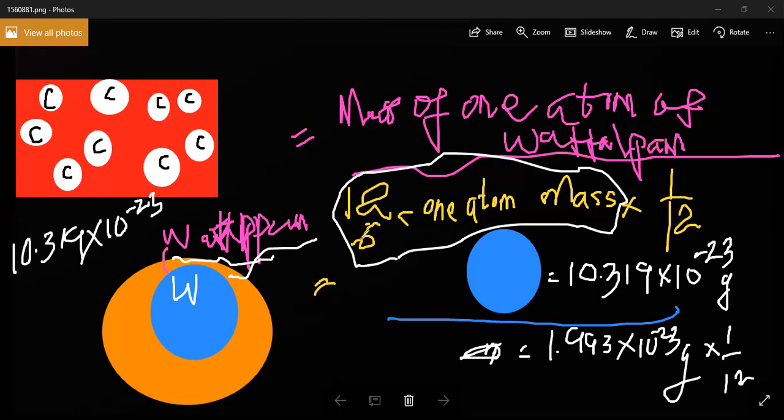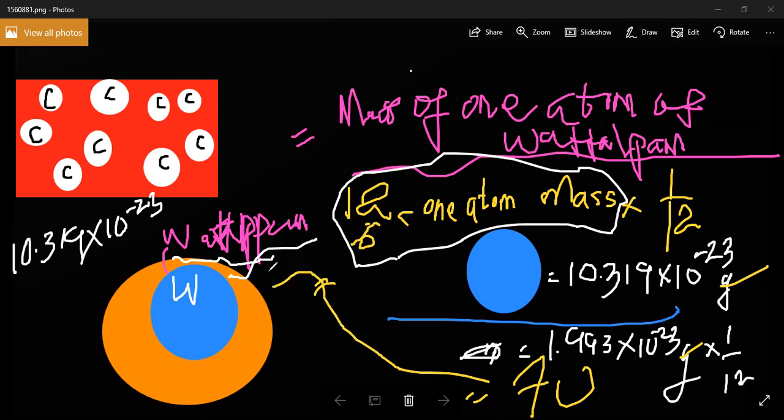If you found this ratio, for example, 70, just taking, then that would be the relative atomic mass of what? You can find any atom's relative atomic mass using this equation.